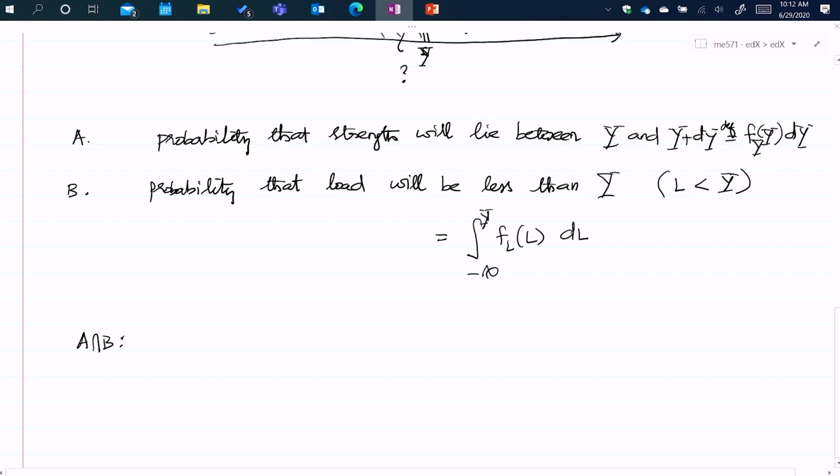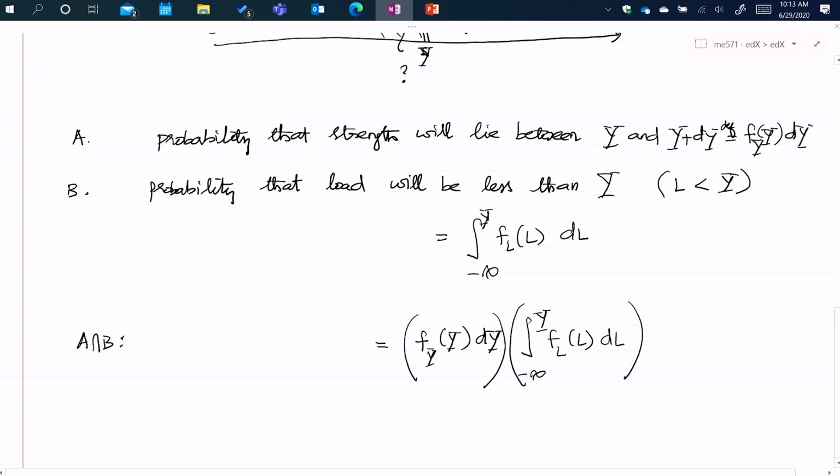You can assume these two are independent events, and that gives f sub y of y dy times the integral from minus infinity to y of f sub L of L dL.